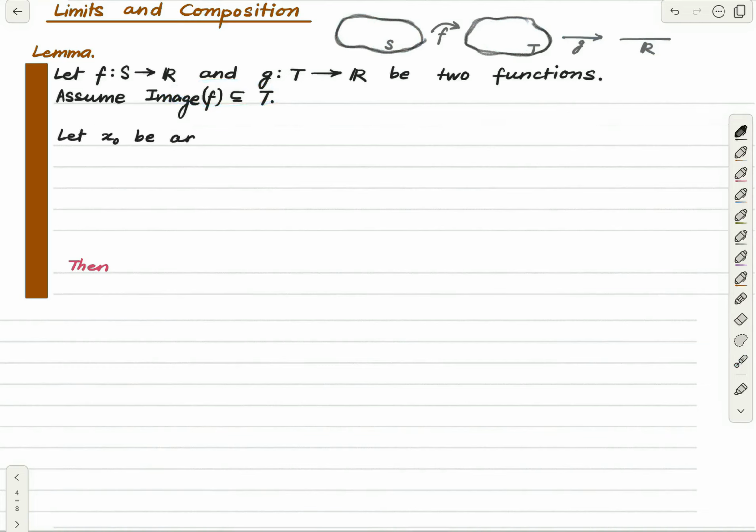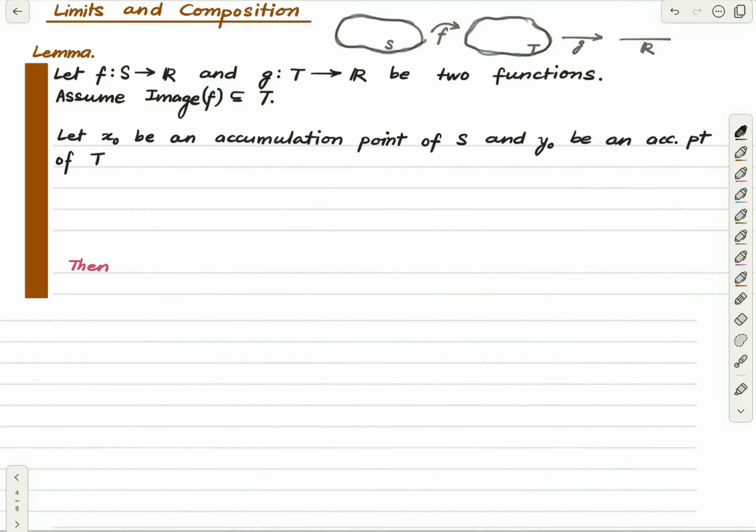Okay, and let x0 be an accumulation point of S, and y0 be an accumulation point of T, such that the limit of f as x approaches x0 is equal to y0, and also assume that this limit of g as y approaches y0 exists and is equal to some real number m.